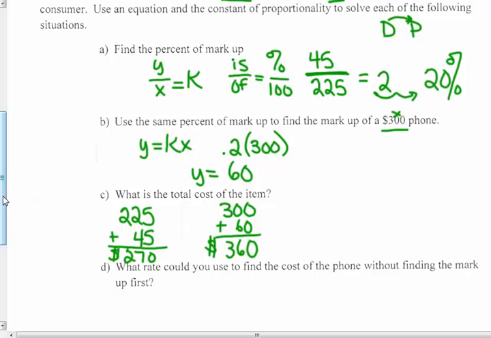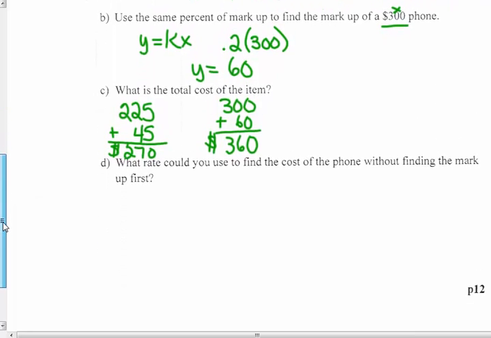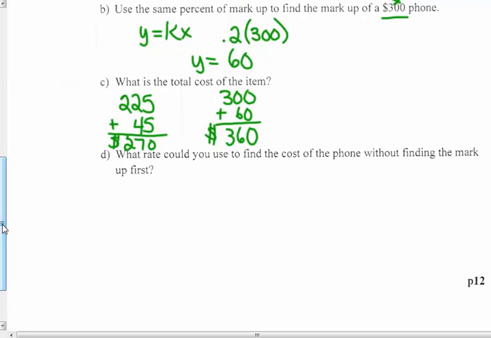What rate or what percent could you use to find the cost of the phone without finding the markup first? So I don't want to find the 20%. I know if I'm buying a $300 phone, I'm going to pay all $300. I'm going to pay 100% for that $300 phone.